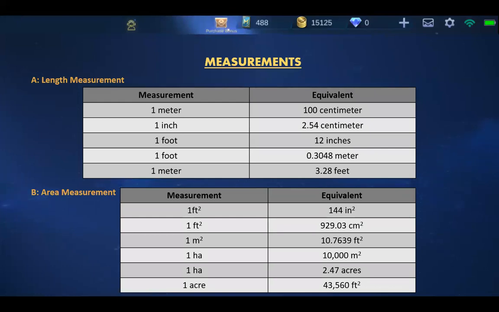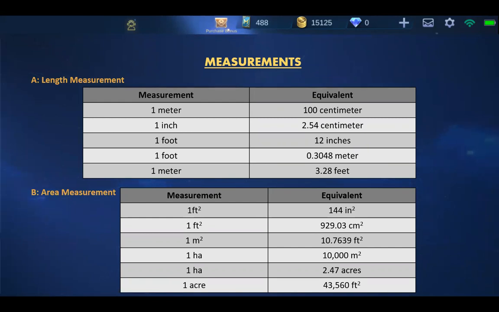So here are the measurements we have for the length measurement and the conversion. 1 meter is equivalent to 100 centimeters, 1 inch is 2.54 centimeters, 1 foot is 12 inches, 1 foot is 0.3048 meter, and 1 meter is 3.28 feet.